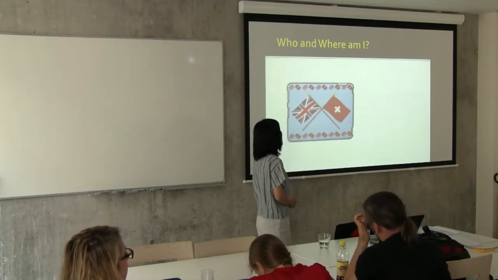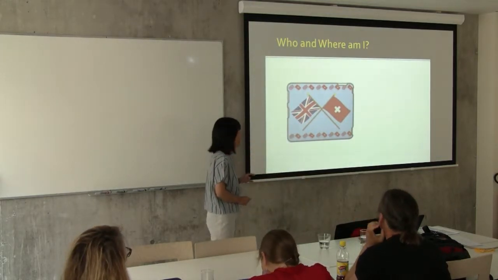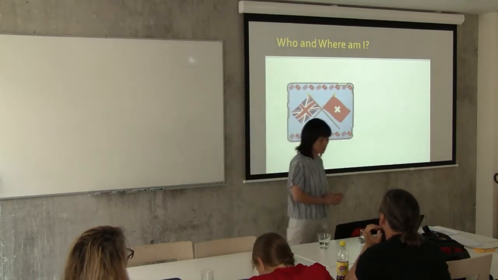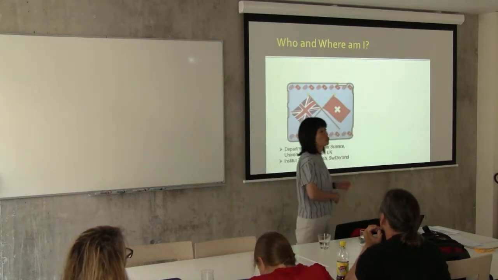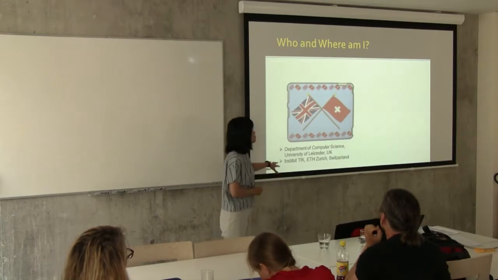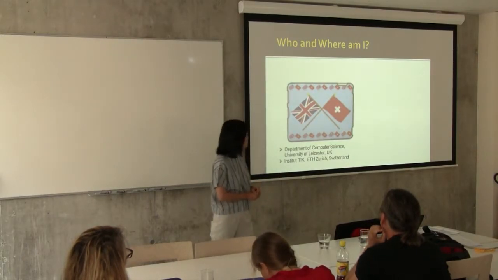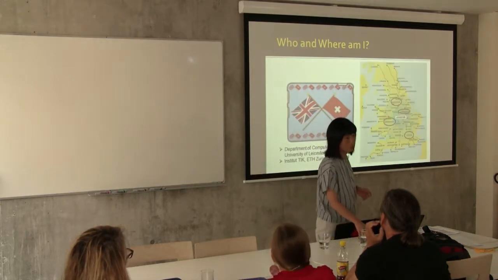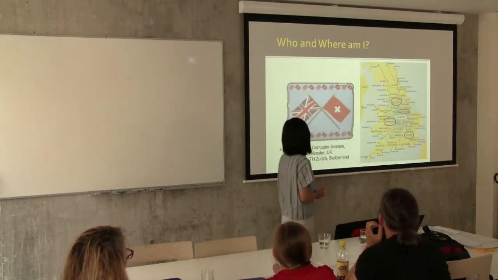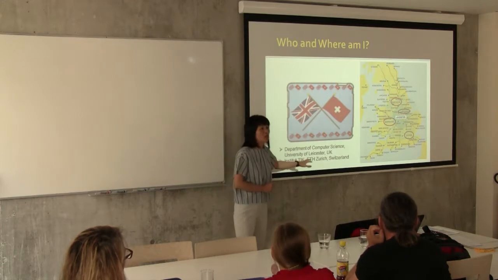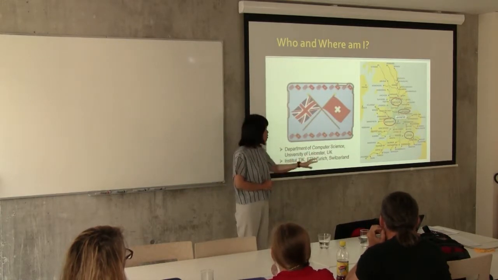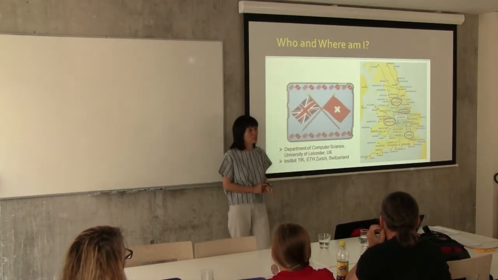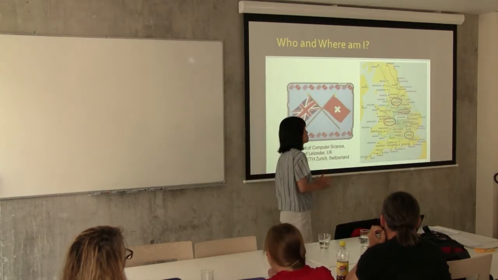I still have dual affiliation. My primary affiliation is in the UK, at the University of Leicester, but I still have a connection with ETH Zurich, where I'm a visiting researcher. Some people ask where Leicester is. It is pronounced Leicester, though before I went to the UK I pronounced it differently, as it's a strange pronunciation.